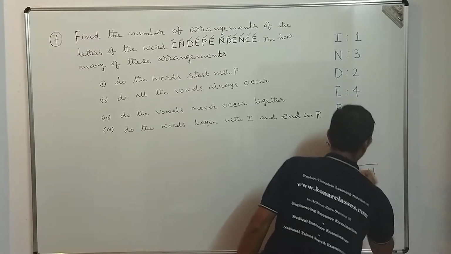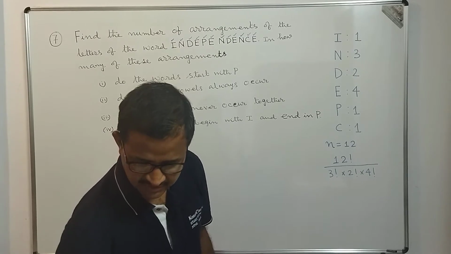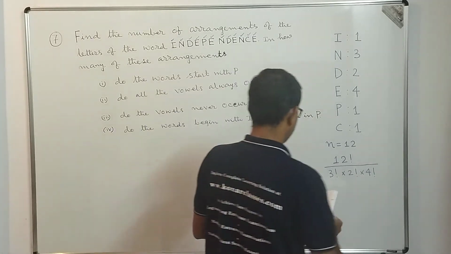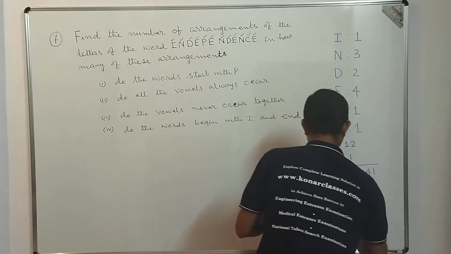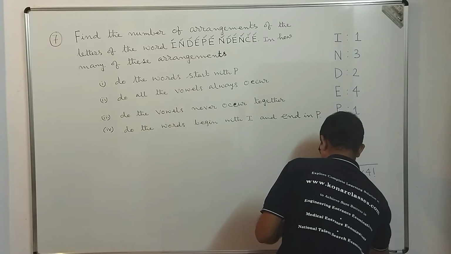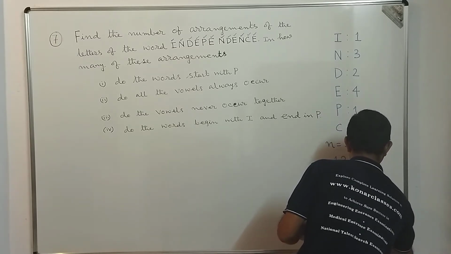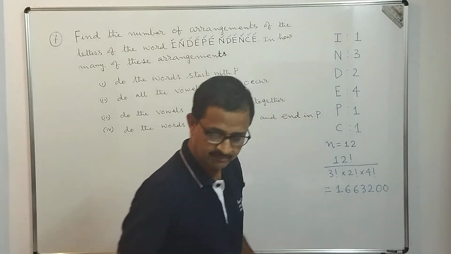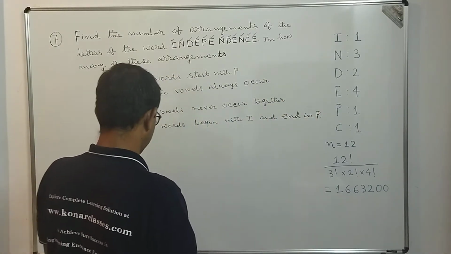Correct, dear students? Now if we compute this, just to save the computation time, we get the number as 166,166,3200. These are the number of arrangements from the different letters of the word independence.